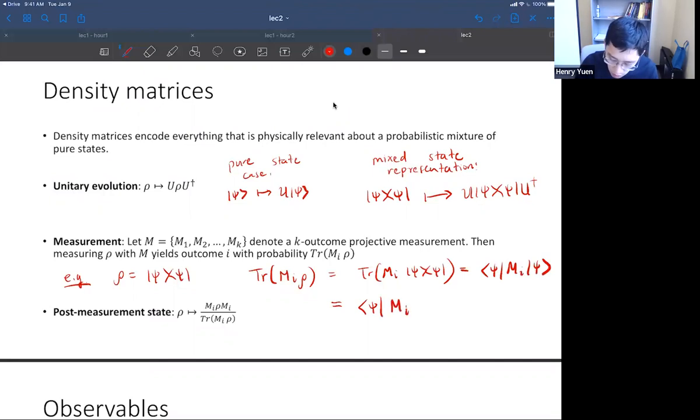It's Hermitian and equal to its square. So this is the same thing as this particular inner product. And this is equal to, I claim, the length of this vector. But we saw from the previous slide, this is in the pure state case what the measurement outcome probability should be. So again, everything is consistent.